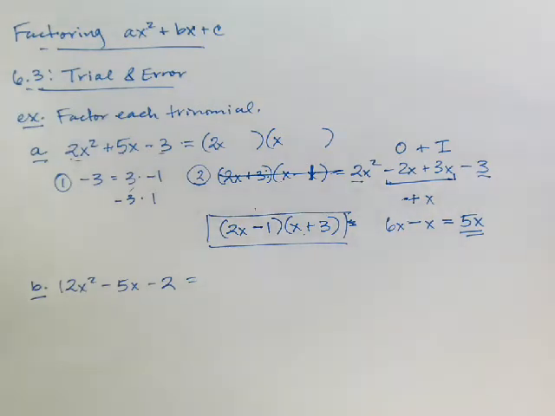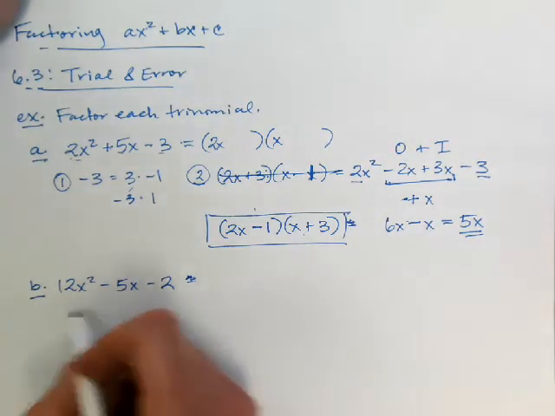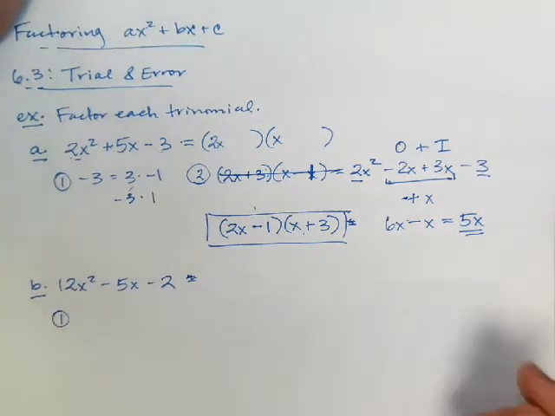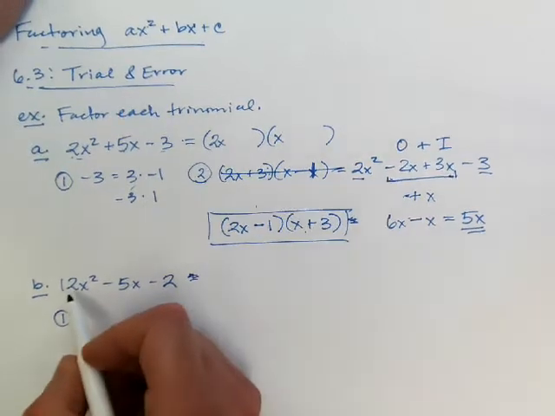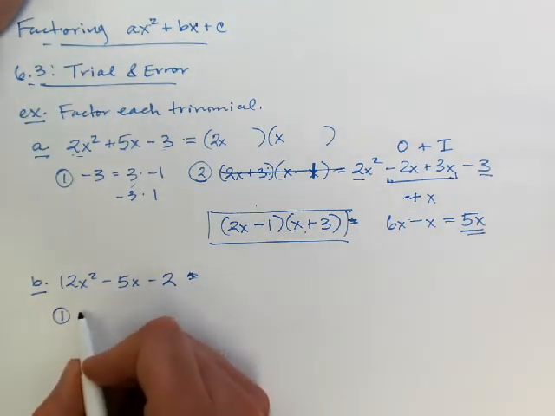And you can go ahead and pause it here and try this on your own if you like. No reason not to. All right. Now, 12 has several factors. That could be problematic.